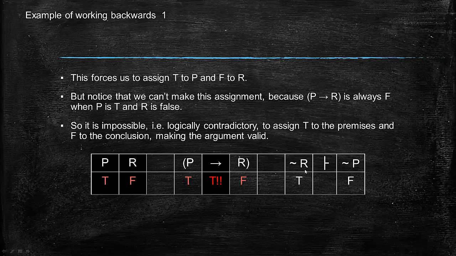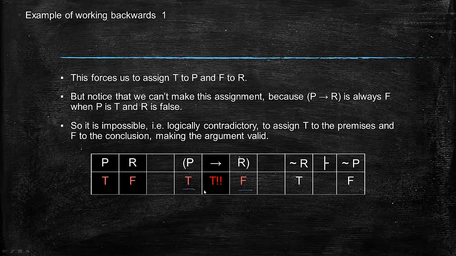Because not R being T requires us to say that R is F, not P being F requires us to say that P is true, so true here and false here, and then we check and say, is that okay?